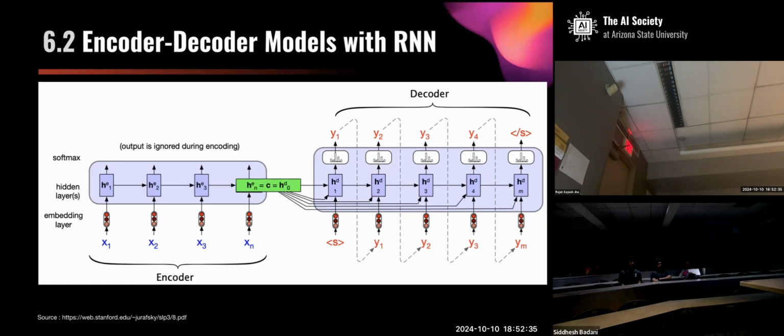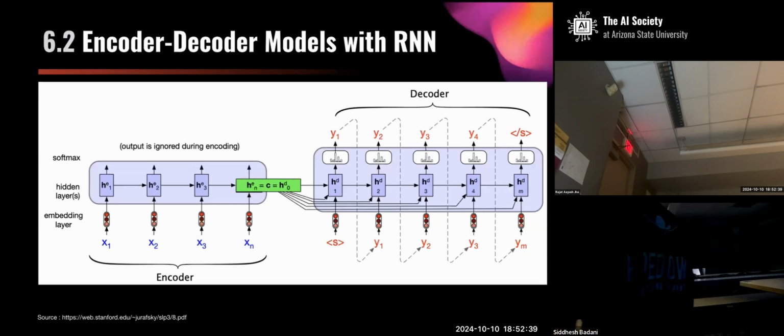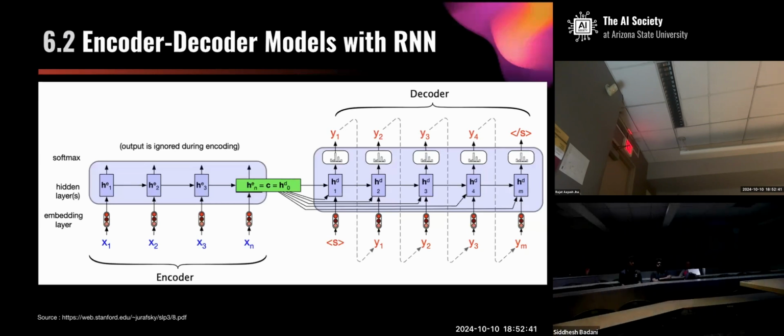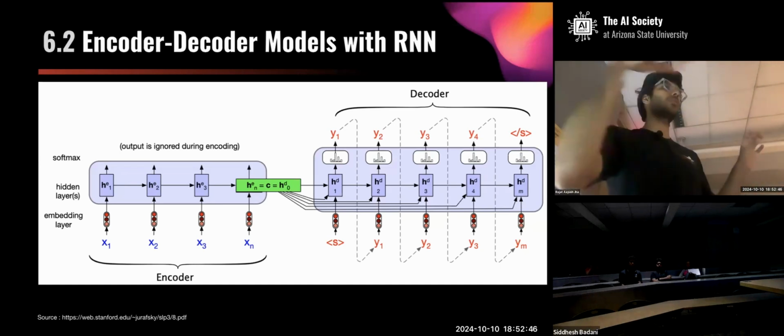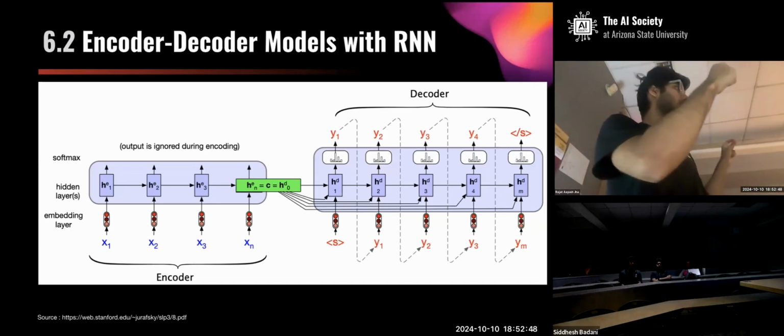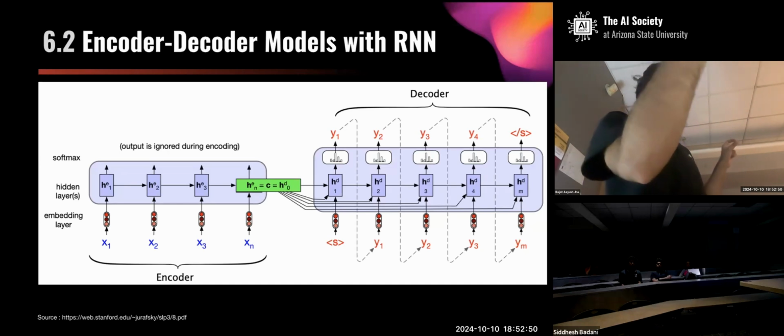And if you think intuitively, it makes sense, right? Even if we translate a given sentence to any other language, we'll focus on the corresponding part for the output sequence.